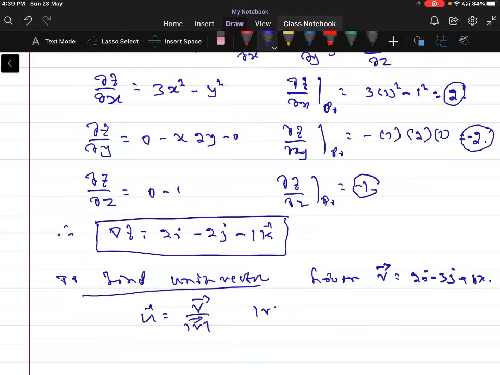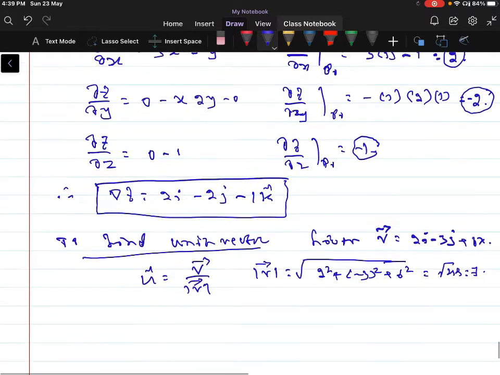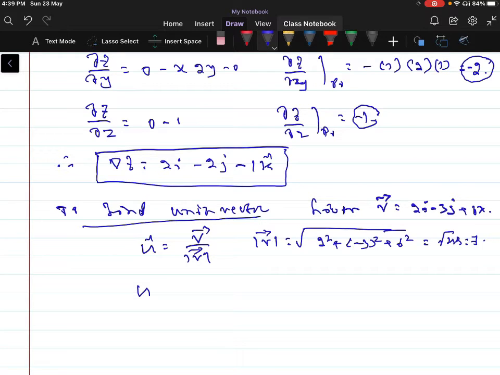The modulus of vector v is equal to the square root of the i-th component 2 square plus the j-th component minus 3 whole square plus the k-th component 6 square. That is equal to the square root of 49, which is 7. Therefore, the unit vector u is equal to 1 by 7 into (2i minus 3j plus 6k). So this is the unit vector.